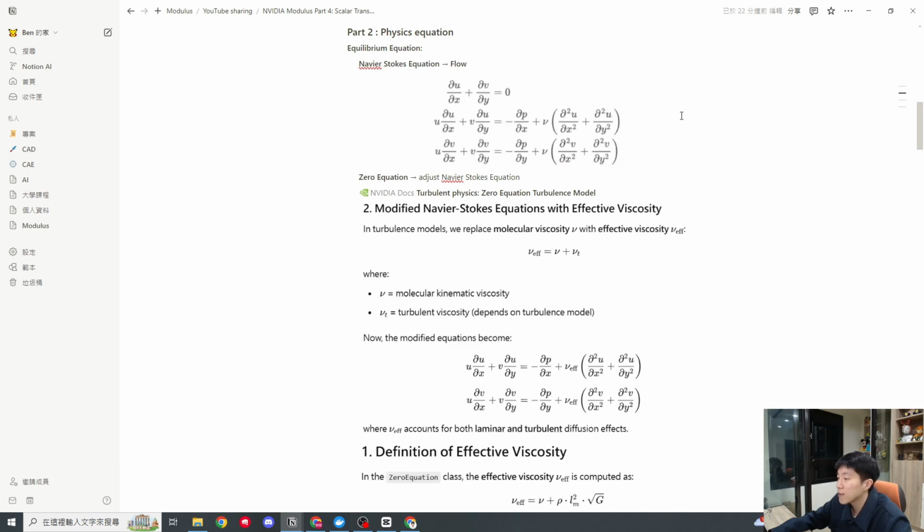And we also apply the zero equation turbulence model, which is covered in part 3 videos, where we modify the viscosity to mu effective viscosity and incorporate it into the Navier-Stokes equation. This adjustment helps us improve the accuracy of turbulence modeling. So we change the mu to mu effective and implement it in the Navier-Stokes equation.